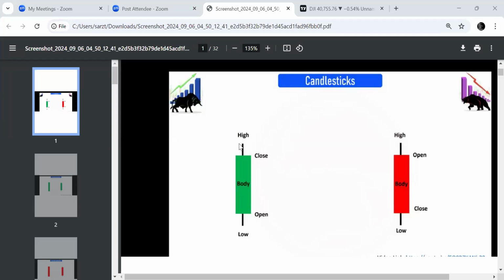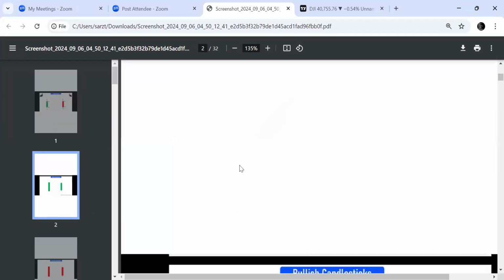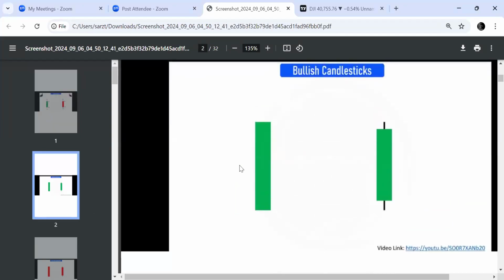We have divided the candlestick patterns into three types. First one is based on momentum, second one is based on wick size, and third one is based on dojis.